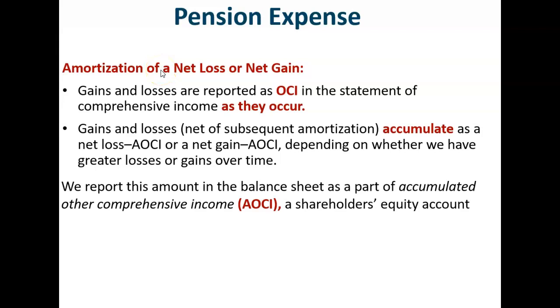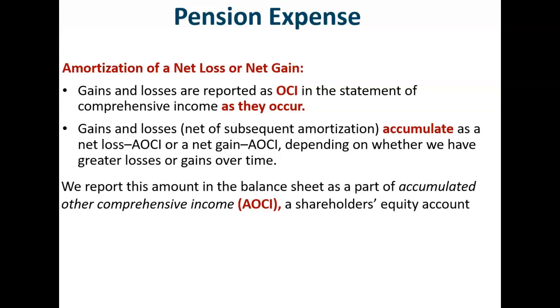Now let's spend some time with amortization of net gain or loss. As previously mentioned, gains and losses can occur when expectations are revised concerning either the PBO or the return on plan assets. Like prior service costs we just discussed, we do not include these gains and losses as part of pension expense in the income statement, but instead report them as other comprehensive income in the statement of comprehensive income as they occur.